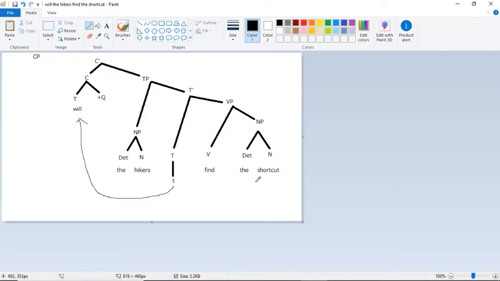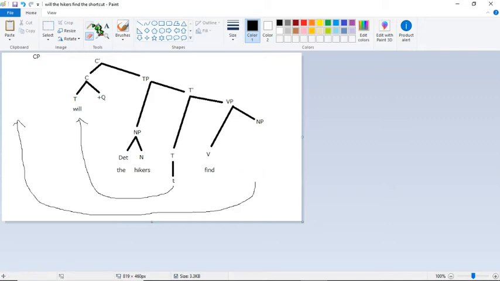So I want to take this and trace it all the way over here. Okay. And I'm going to delete all of this, because I want to indicate that it is, in fact, a noun phrase that's being traced. Here we go.